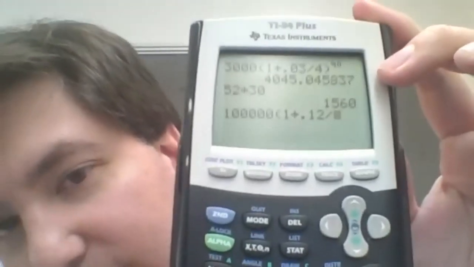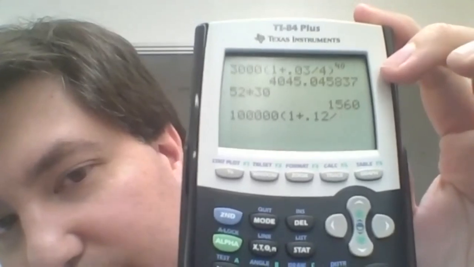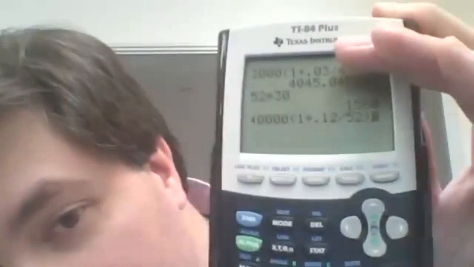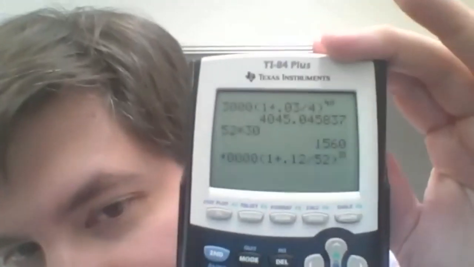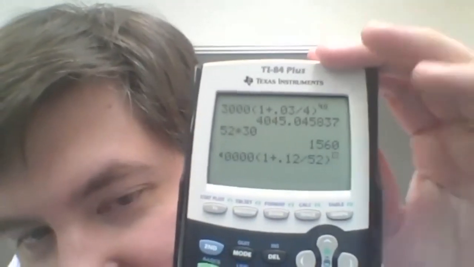So you've got 100,000 and then parentheses 1 plus 0.12, divide that by 52 because we're doing it by 52 weeks. And then we're going to raise that to the power of 1560, the number I calculated for the power right there.